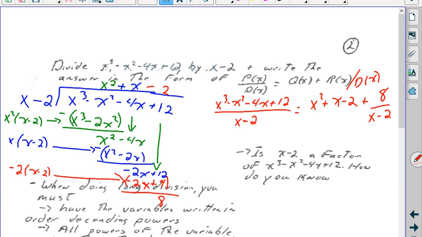I do have to add that in there. Now, I don't particularly like this statement, but it's one that might show up. I like it in the other form: the dividend is equal to the quotient times the divisor plus the remainder. Because then I can get back to where I started.